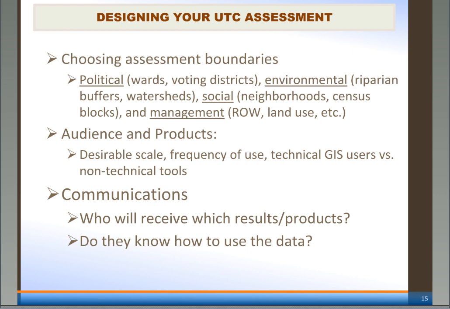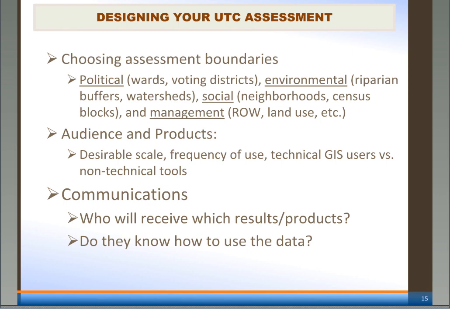And then at more of a social and community level, we have neighborhoods where a lot of action actually takes place on the ground, and we have census data. So the census data, 2010, for example, that recently came out, includes, of course, a wealth of demographic information, but census blocks, census block groups, and then census tracts are 3 different scales that are available to look at how canopy cover differs demographically.